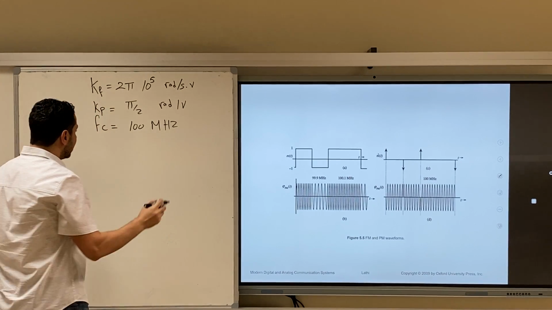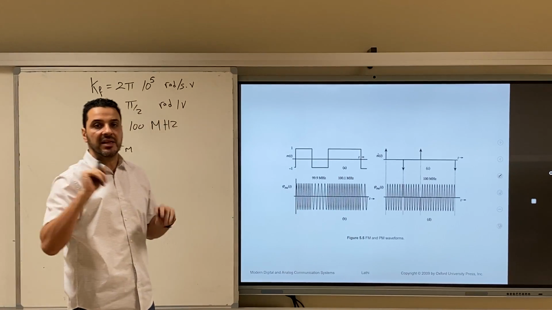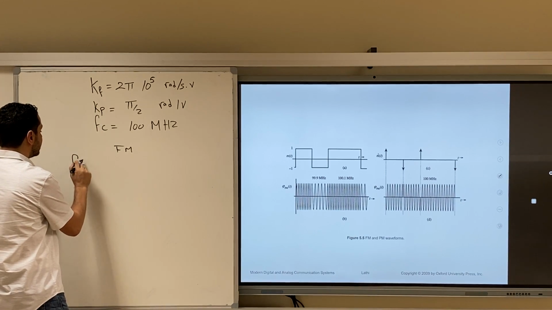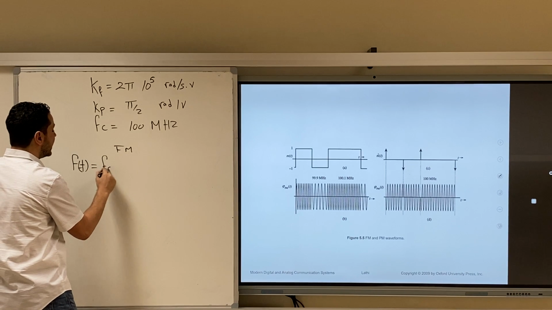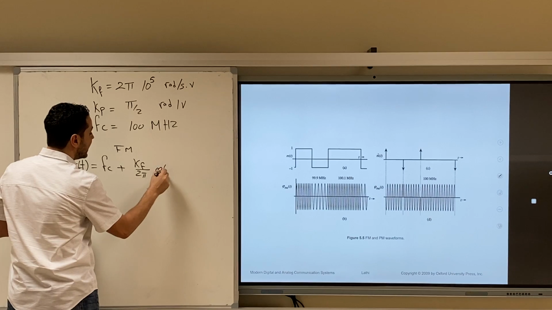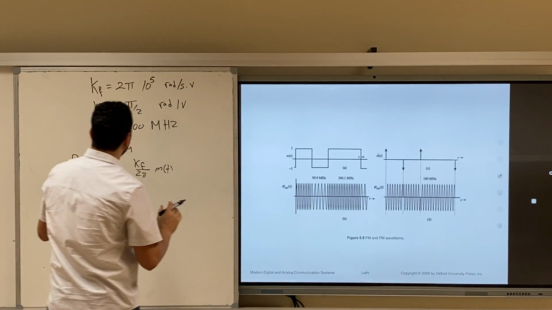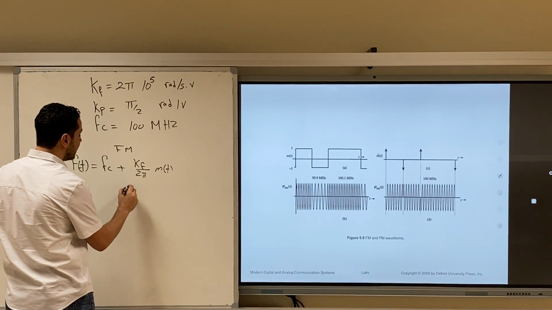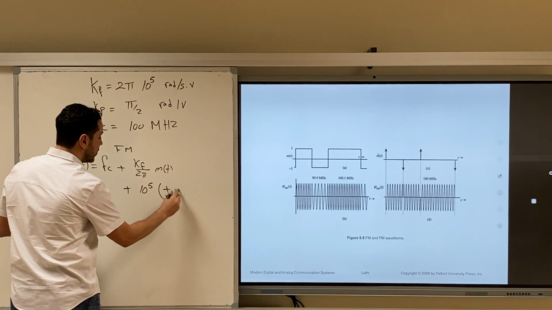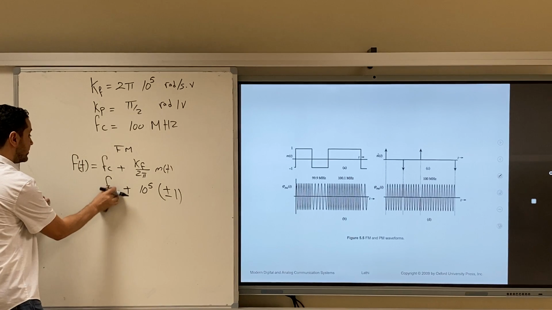Doing the FM signal, there is no problem with the FM signal. The FM signal will be similar to the PM signal in the previous example, because in the FM signal, f of t equals Fc plus Kf over 2 pi m of t, and m of t here takes only two values, either 1 or -1. So this will be 10 to the power 5 multiplied by plus or minus 1, and Fc is 100 mega.